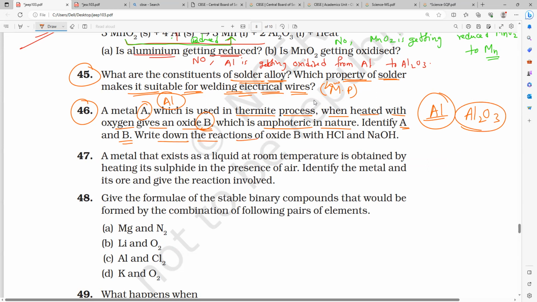Write down the reactions of oxide B with HCl and NaOH. Write the equation fast.